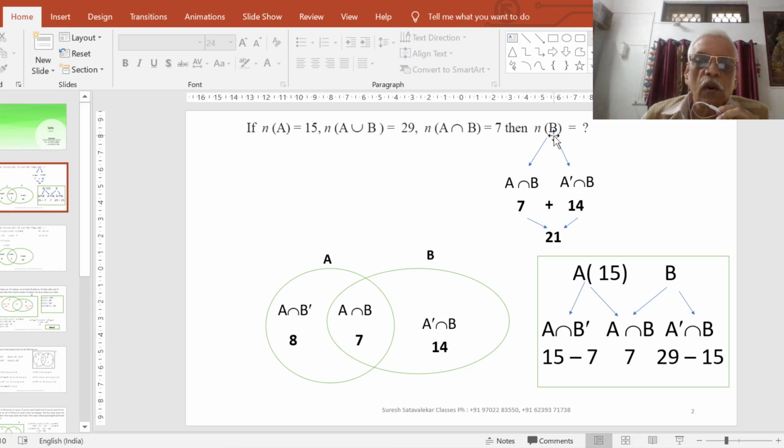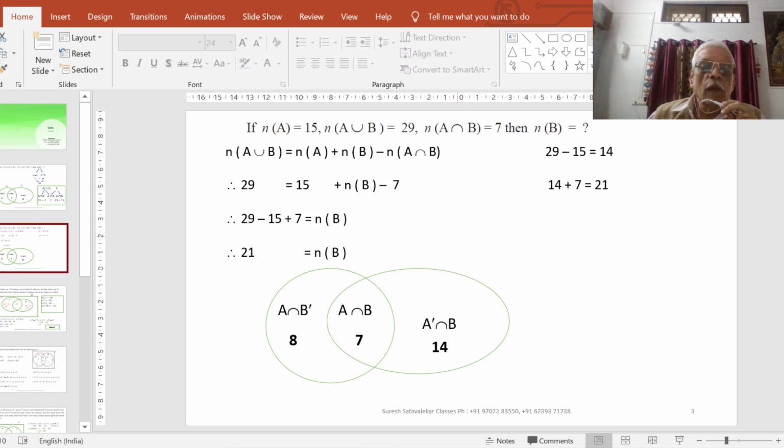But we want the number of elements in the set B, so that is this and this together. A intersection B contains 7 and A dash intersection B contains 14. 7 plus 14 is 21. The number of elements in the set B is 21. This we got with the help of the Venn diagram.